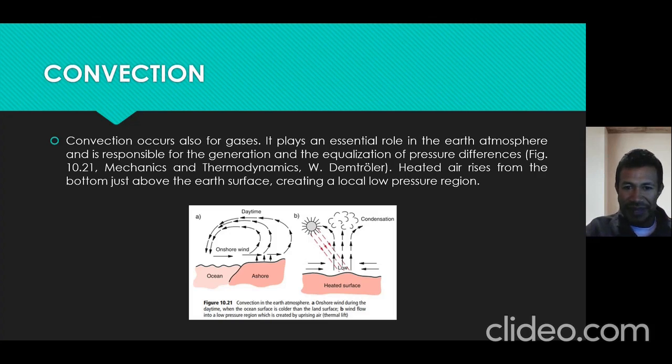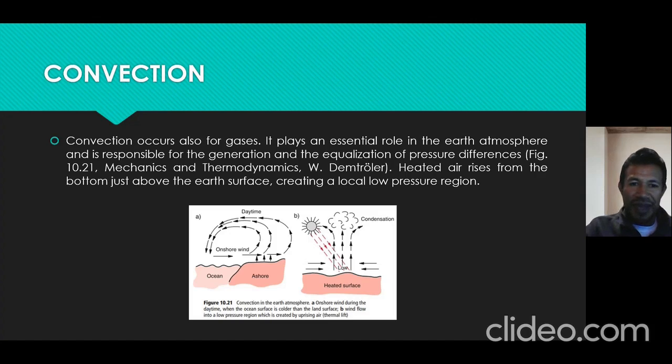It plays an essential role in the Earth's atmosphere and it's responsible for the generation and the equalization of pressure differences, like in the figure. Air rises from the bottom just above the Earth's surface, creating a local low pressure region.